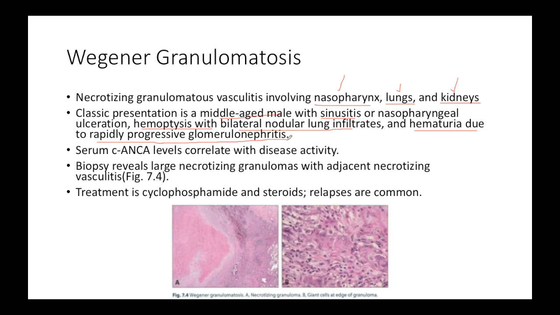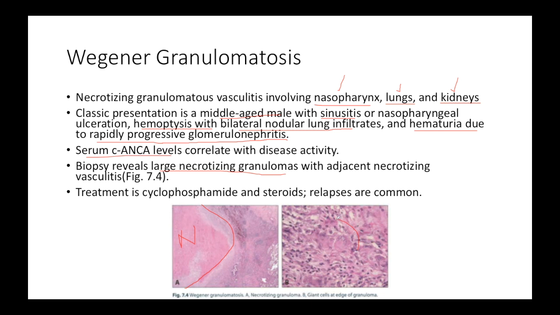Some key distinguishing factors here. We have serum C-ANCA levels that are present, and they will correlate with disease activity. So higher levels, higher disease activity going on. And on biopsy, we can see large necrotizing granulomas. So we have this very large area of necrosis going on with adjacent necrotizing vasculitis.